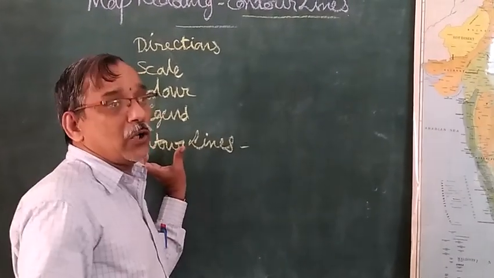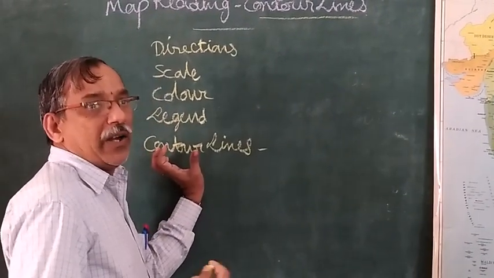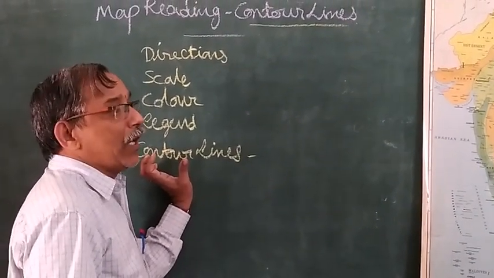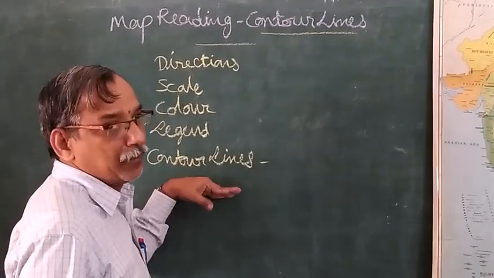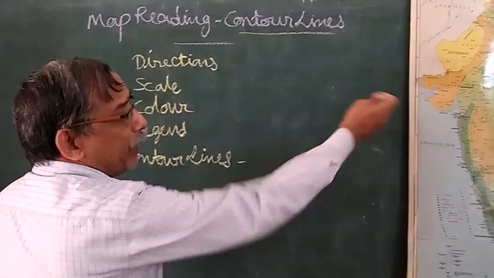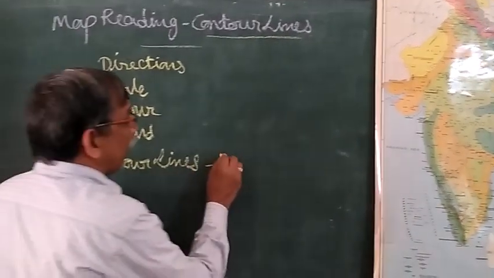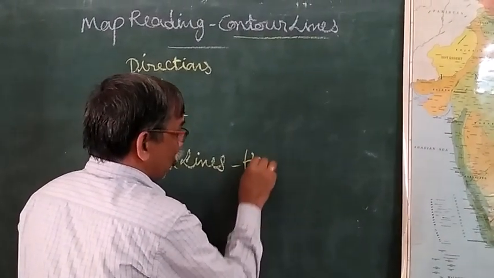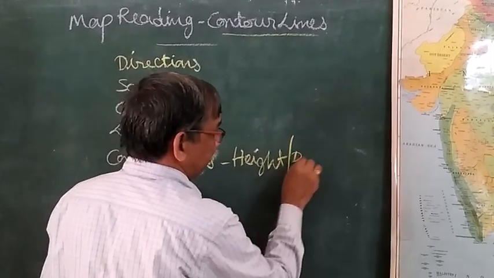Generally, municipal workers, roadside buildings, railway department, military people and telecommunication people have these contour line maps with them. They are generally not available in other areas, and we cannot get them as a thematic map. So contour lines are the maps which show the height or depth.